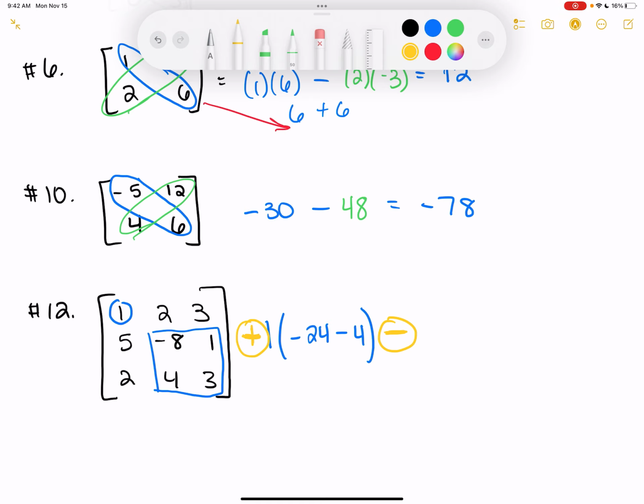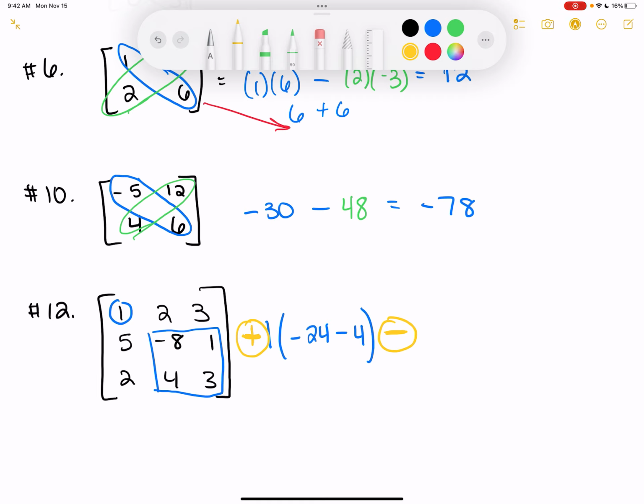It always starts positive, then goes negative, then positive. If you had a 5 by 5, it'd be positive, negative, positive, negative, positive, in order. Would you have to make the one positive, or would you just leave it negative? No, you would leave it negative because you copy it down as is.